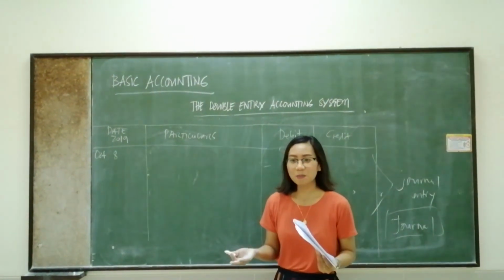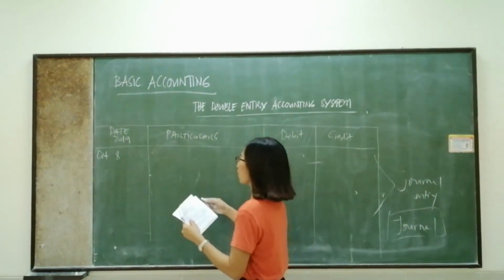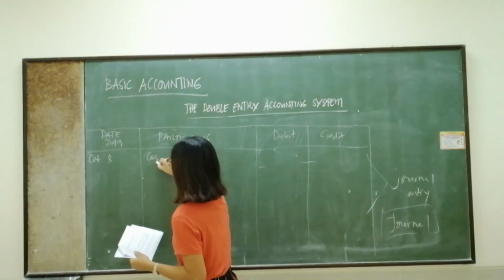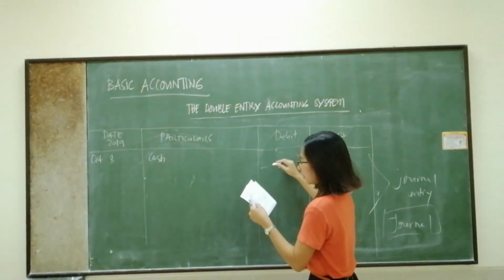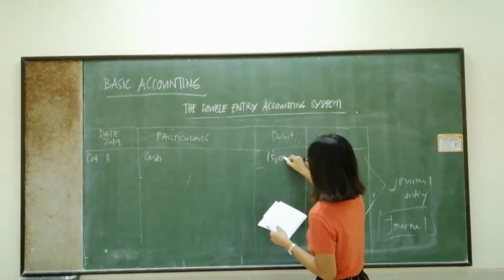To increase the income, you have to credit. So you receive cash. Cash debit 15,000.